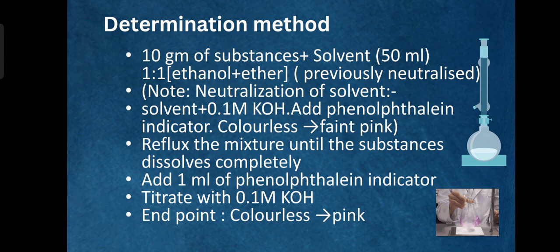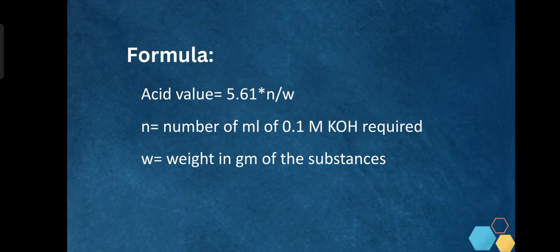And now we have to note down the burette reading, that is the ml of KOH which is required to neutralize the free fatty acids present in the substance, and that volume we have to substitute in the formula for acid value.